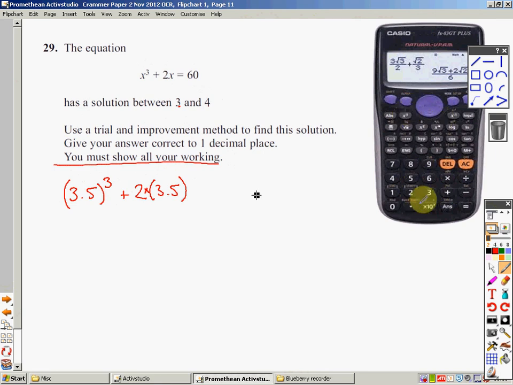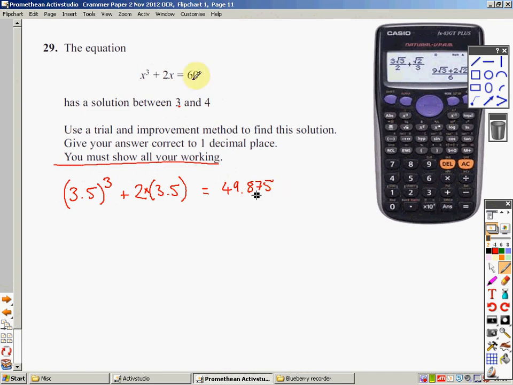You check on yours. So it's 3.5 x cubed plus 2 times 3.5. I'll do my calculator now. 3.5 cubed plus 2 times 3.5 equals, and it's given to me as a fraction, but if I do it, I'll get 49.875.